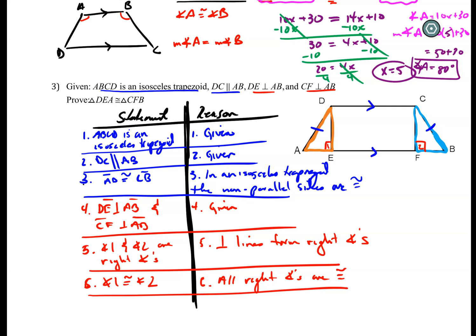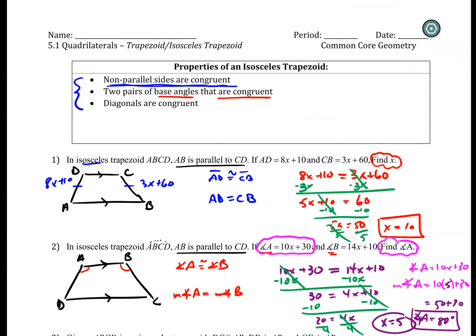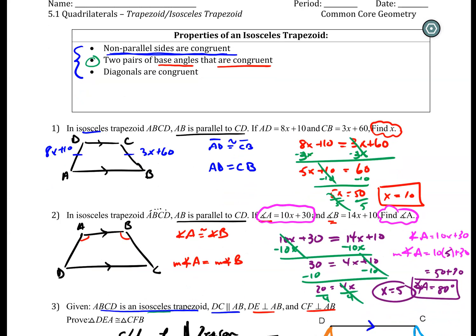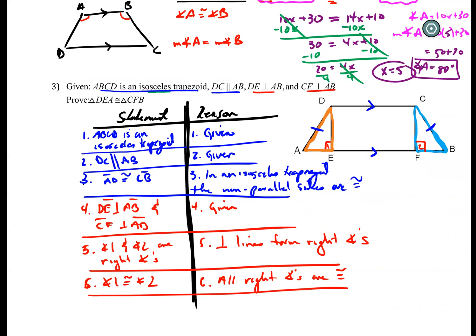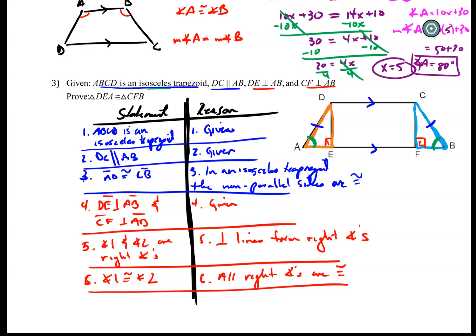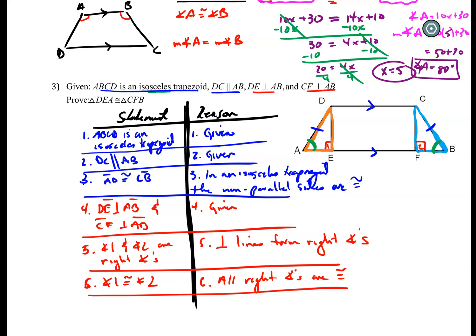Well, I go back and I look at the information that I've been provided, and the fact that I have an isosceles trapezoid, again, it gives me more information. It gives me all three of these things. So looking at these, I go, wait, I also have this second one where it says pairs of base angles are congruent. So I look to see, is any of that information going to help me? And I do. I have this angle A and this angle B would be base angles of my isosceles trapezoid.